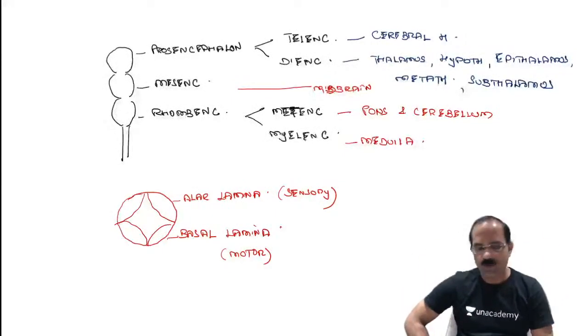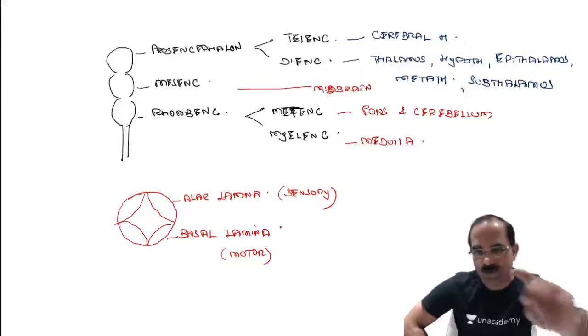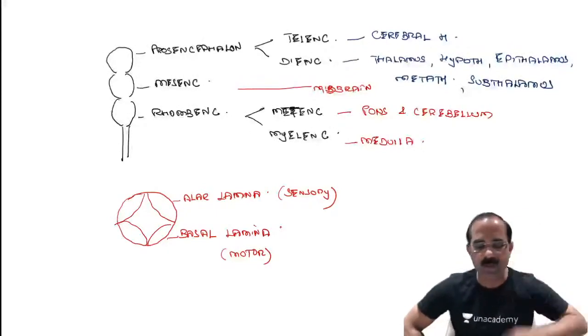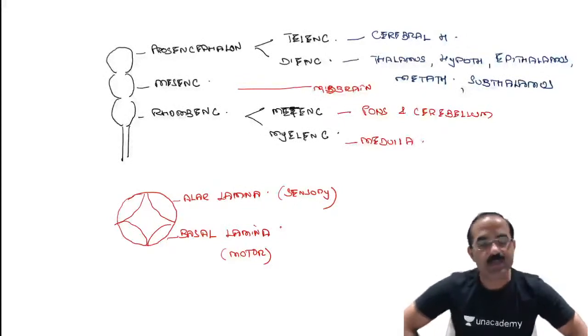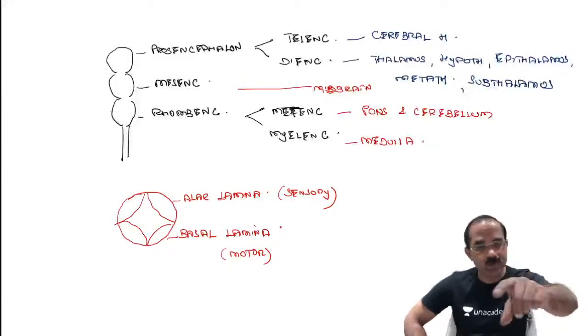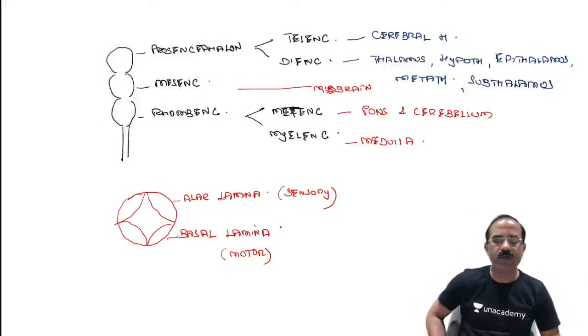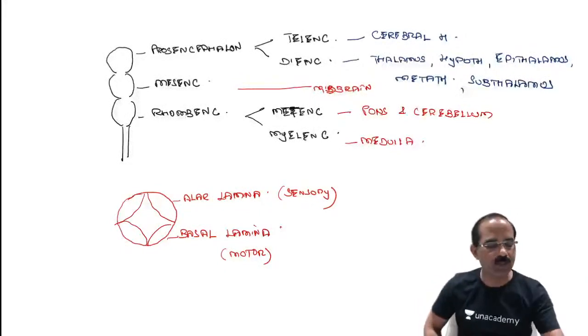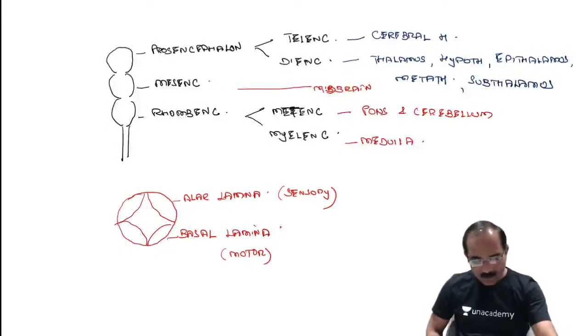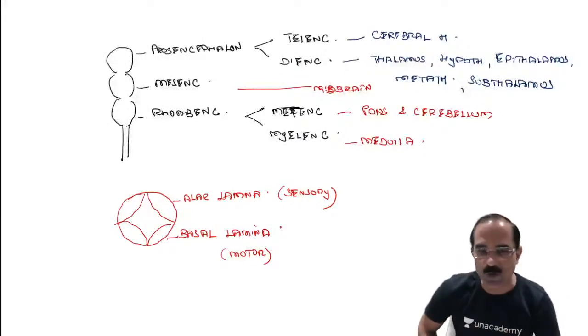Now, if I ask you, the nucleus of the third nerve is derived from what? For that, you have to know where the nucleus of the third nerve is located. Where is the nucleus of the oculomotor nerve located?